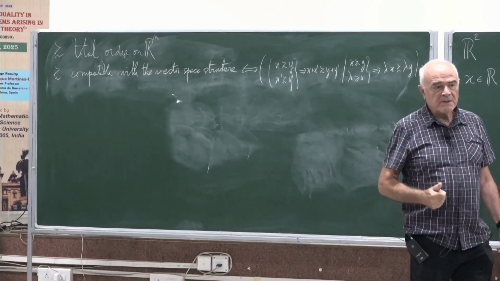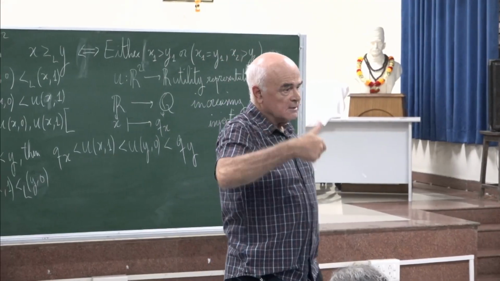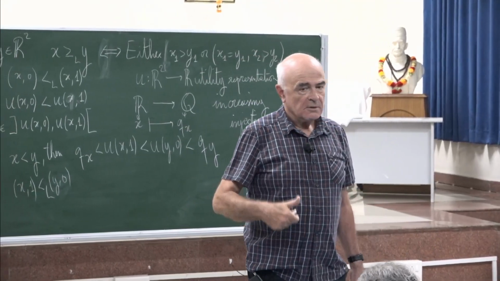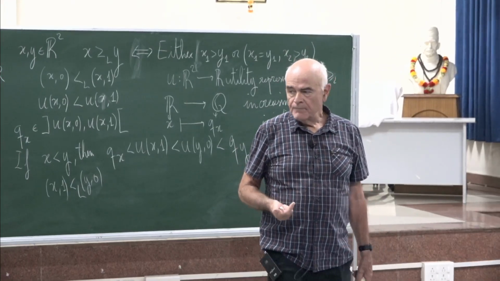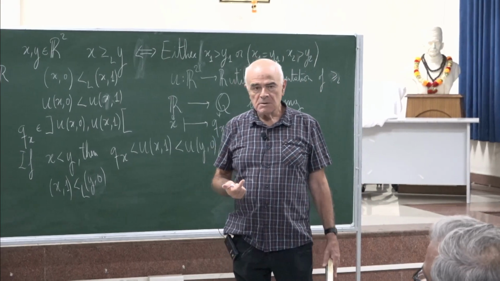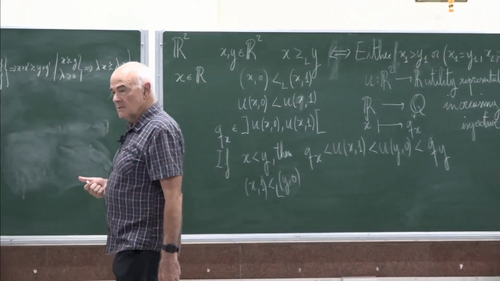Okay, this is compatibility with the vector space structure. We can add two relations and we can multiply a relation with a non-negative number and the relation still holds. Okay?